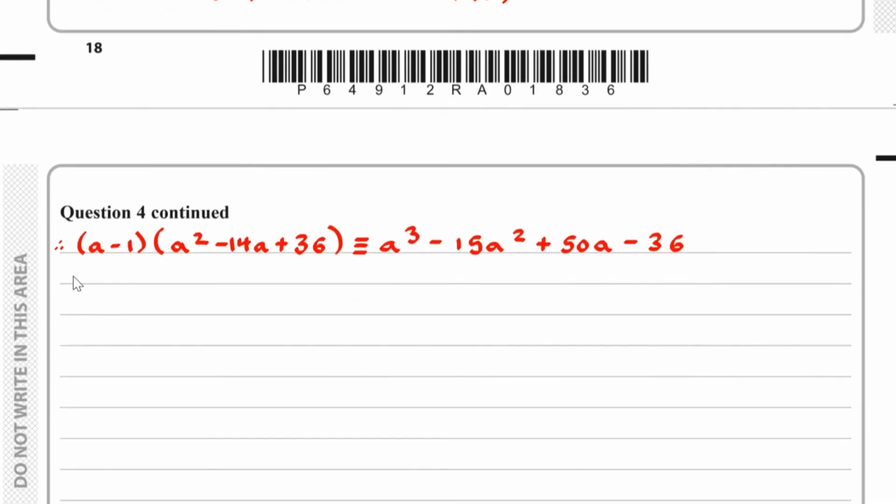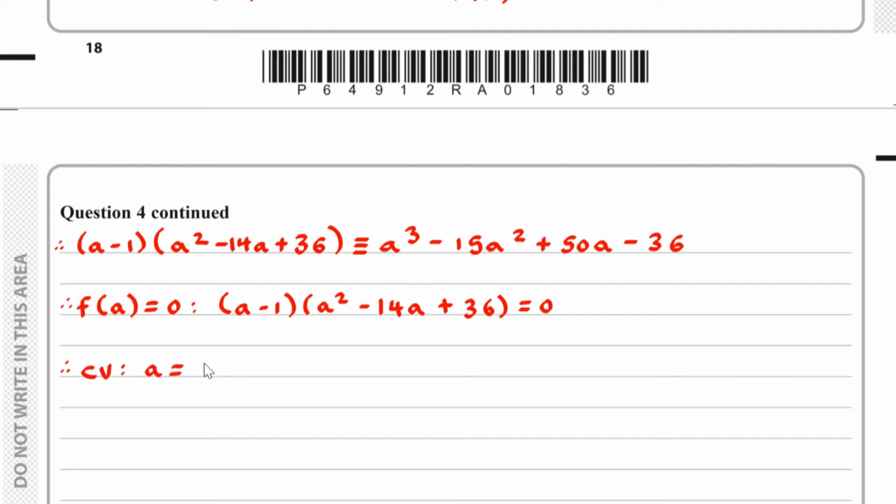So therefore, if I solve f of a equal to 0, what I'm solving is a minus 1 multiplied by a squared subtract 14a plus 36 equals 0.